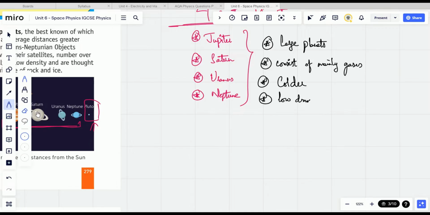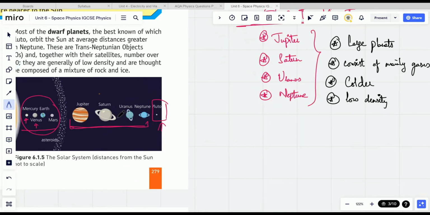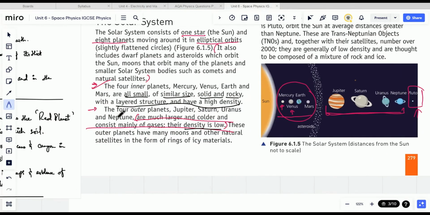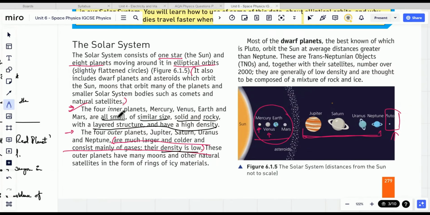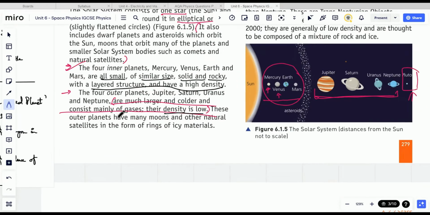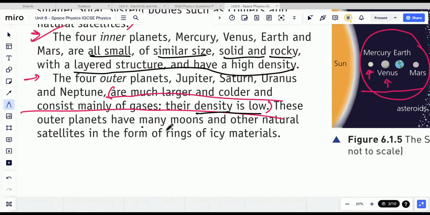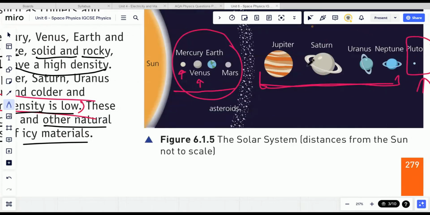Do you know about the moons? Each planet has their own moon. Which planet has the most moons? Do you all know about this? Jupiter, right? Yeah, Jupiter has the maximum number of moons. So these outer planets have many moons and other natural satellites in the form of rings or icy materials like the rings of Saturn. See this?